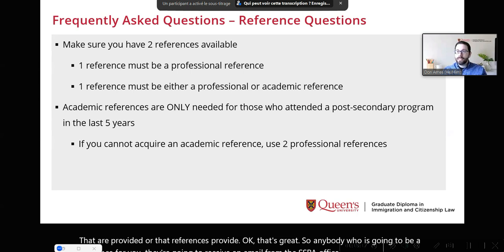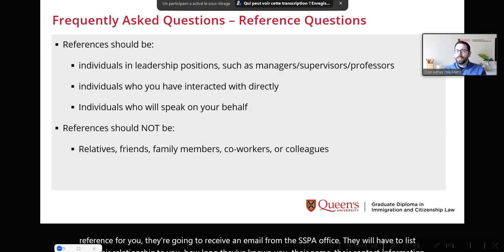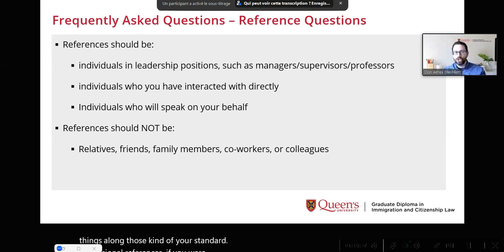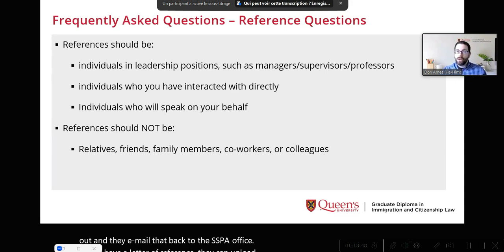They will have to list out their relationship to you, how long they've known you, their name, their contact information, and then they'll answer some general questions about your professionalism, your workplace professionalism, your school professionalism, your communication abilities, initiative, things along those lines. Kind of your standard professional reference as if you were being asked about a job. So they will receive a form to fill out, and they email that back to the SGSPA office. If they have a letter of reference, they can upload it with that document.